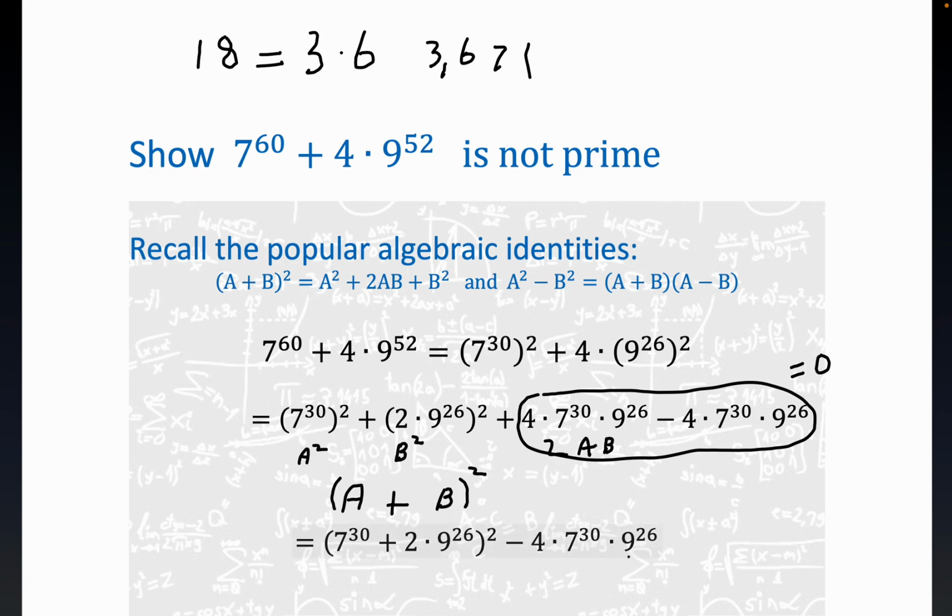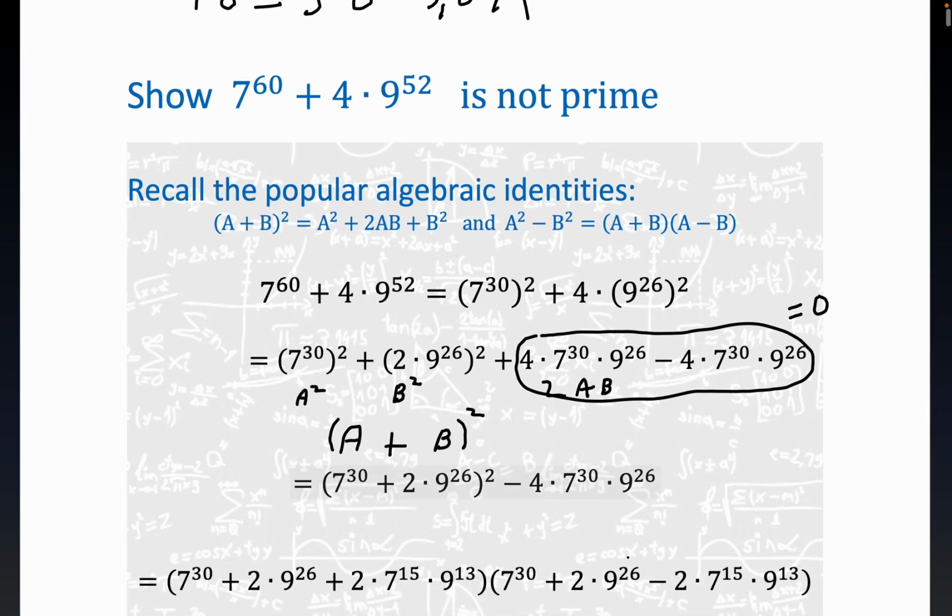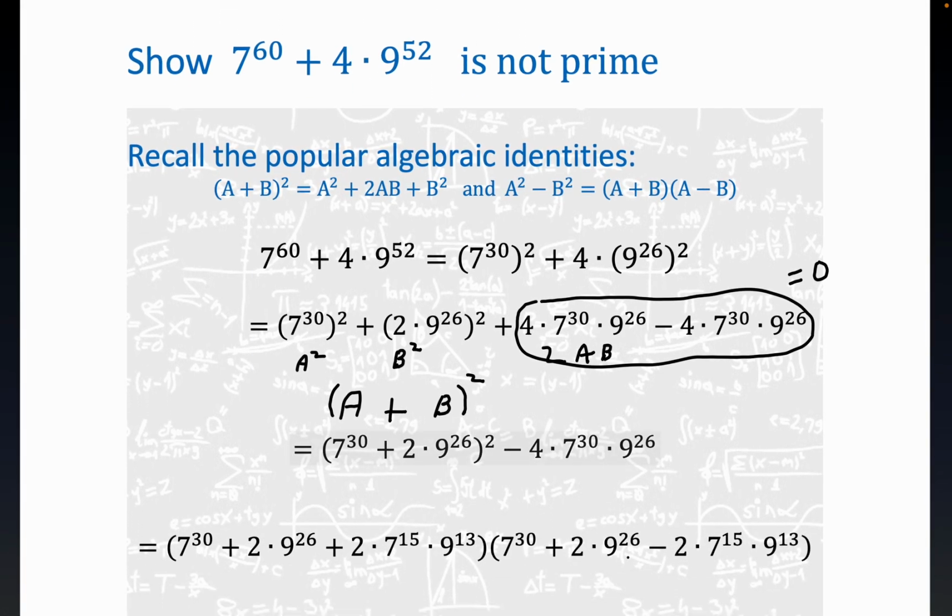But you can recognize this as the difference of 2 squares. Let me come down, I think I left myself enough room here. This is definitely in the form a squared minus b squared.